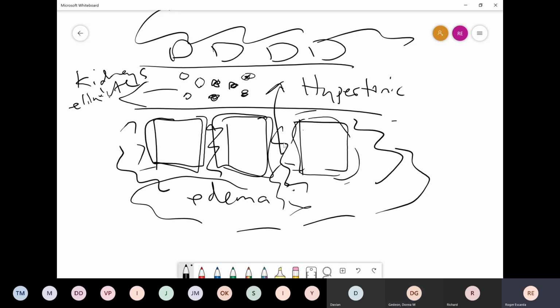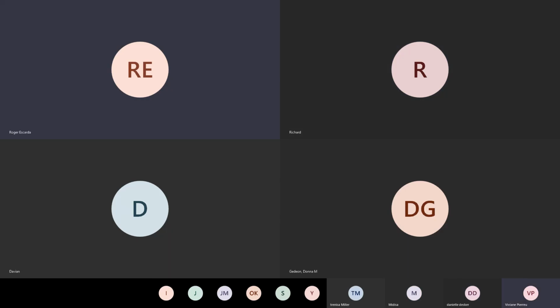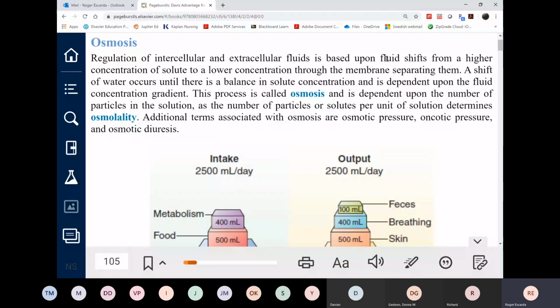So what you read here, the first sentence, says fluid must move from an area of higher concentration to a lower concentration of solutes. Okay? Do you understand now? Yes.